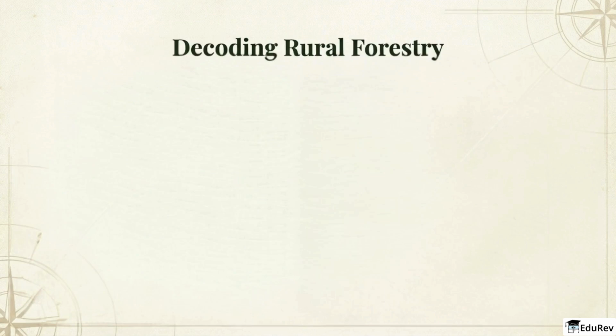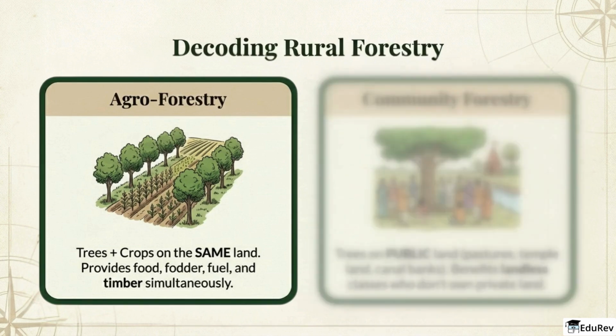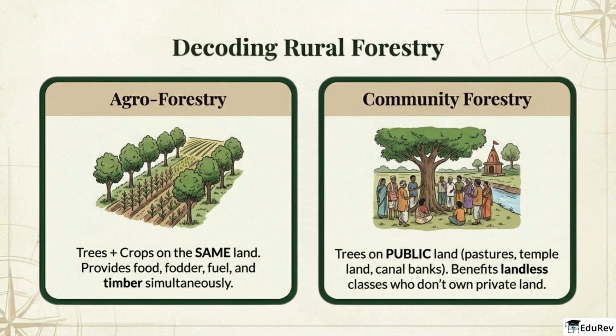Now let's unpack rural forestry properly. First is agroforestry. This means trees and crops on the same land. The idea is simultaneous output: food, fodder, fuel, and timber from one land use system. Second is community forestry. This means trees grown on public land, such as pastures, temple land, and canal banks.